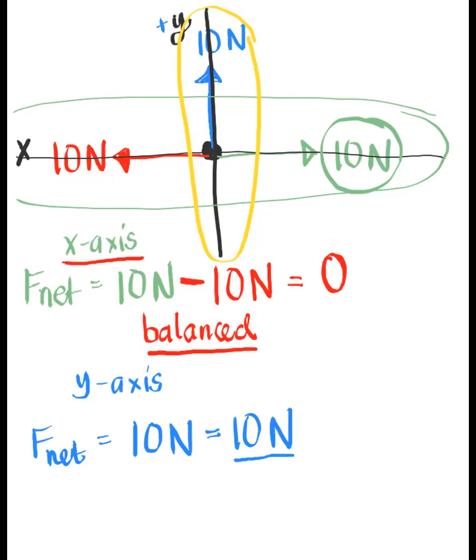So along the y-axis, it is going to be unbalanced. And what does that mean? That means that your object is going to have a tendency to change its motion towards the positive y, or upward of this page right here. So it might move, or it might go faster in this direction.